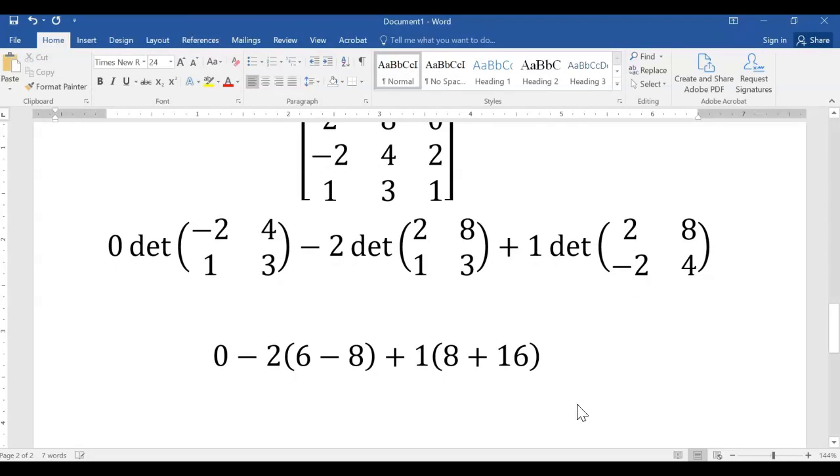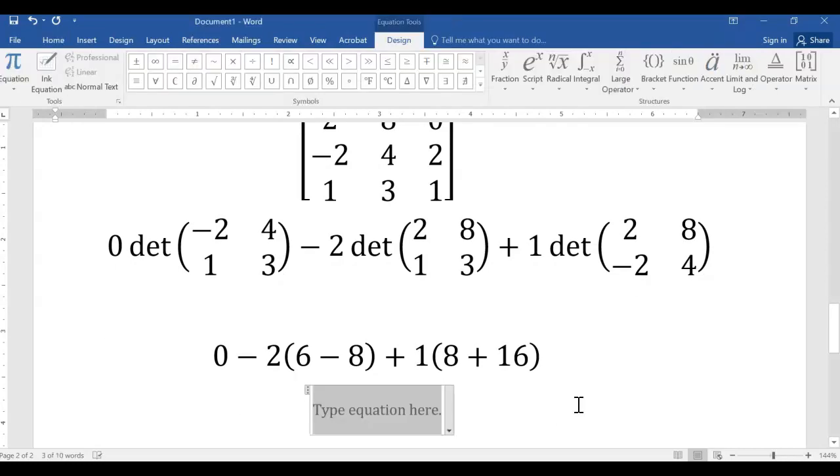So all of that to just figure out the determinant of that 3 by 3 matrix is going to be, let me calculate this. So negative 2 multiplied times negative 2 plus 1 times 24, we end up with 28. So the determinant of that 3 by 3 matrix is 28.